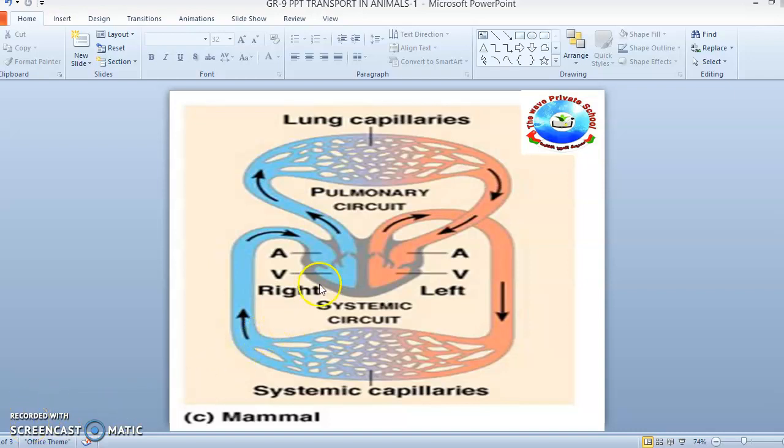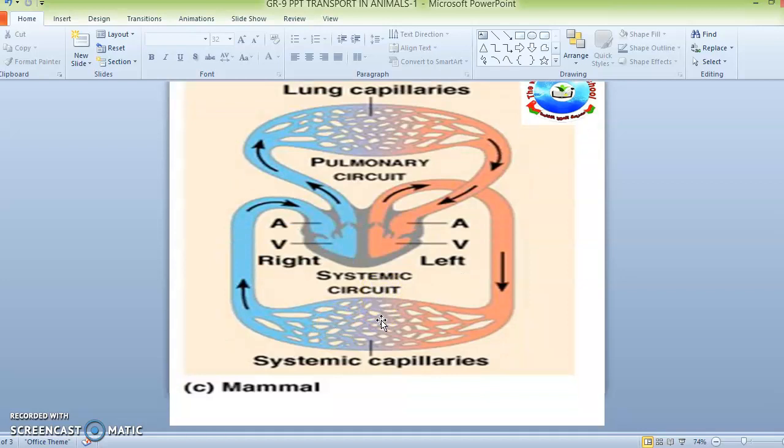So double circulatory means two parts: the blood vessels that take the blood to the lungs and back, called the pulmonary system, and the blood vessels that take the blood to the rest of the body and back, called the systemic system. Double circulatory systems are found in all mammals and also in birds and reptiles.